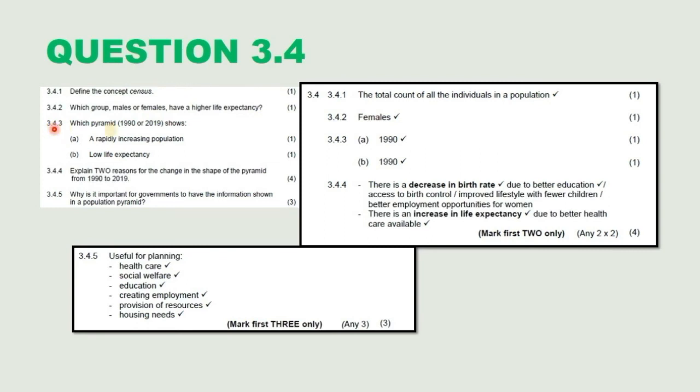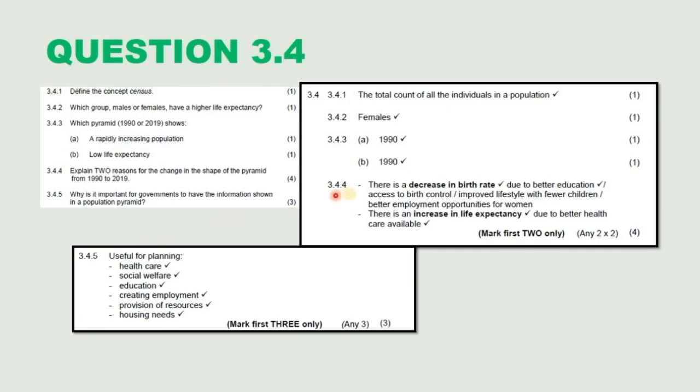Question 3.4.3, which pyramid, 1990 or 2019, shows a rapid increase in the population? That would be 1990. Low life expectancy, same again, 1990. 3.4.4, explain 2 reasons for the change in the shape of the pyramid from 1990 to 2019.